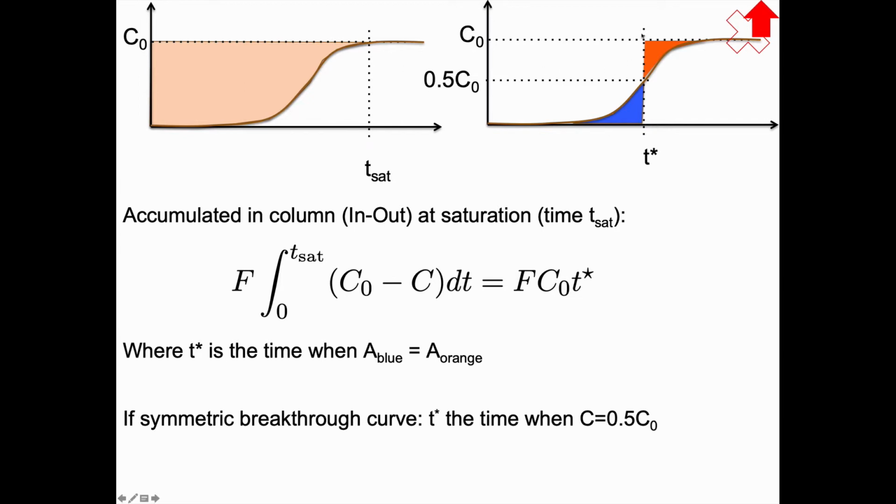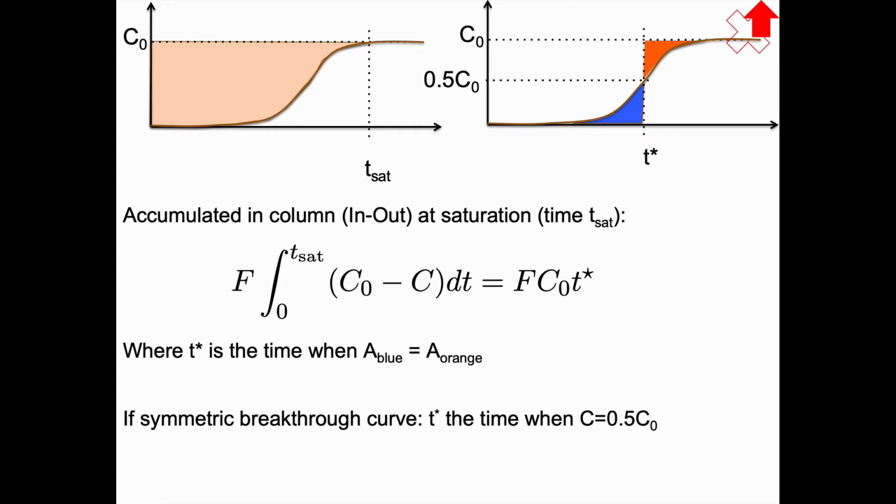So let's choose a time t star where the orange area here is the same size as the blue area, because then we can take this orange area and move it down here and cover the blue completely. This rectangle must have the same area as this area here. And we call that t star.